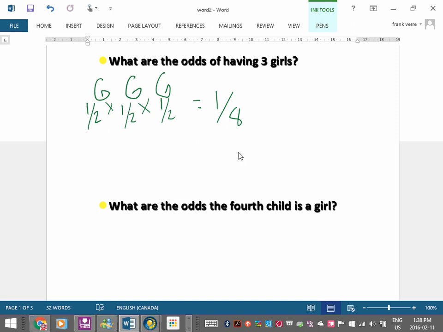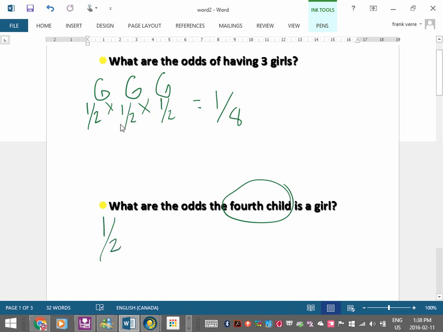Should be 1 out of 2. Read the question carefully. I'm not asking what are the odds of getting 4 girls. I'm just asking what are the odds the 4th child is a girl. If I change the question, the answer for this is just 1/2.